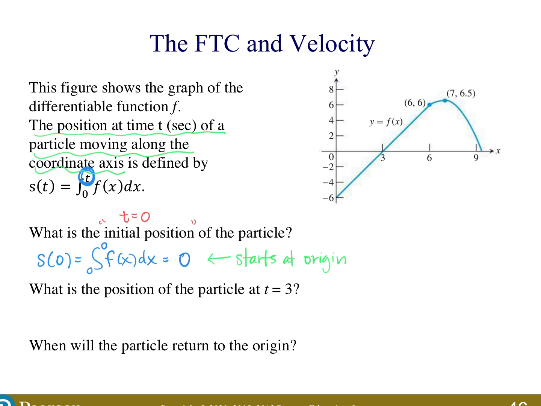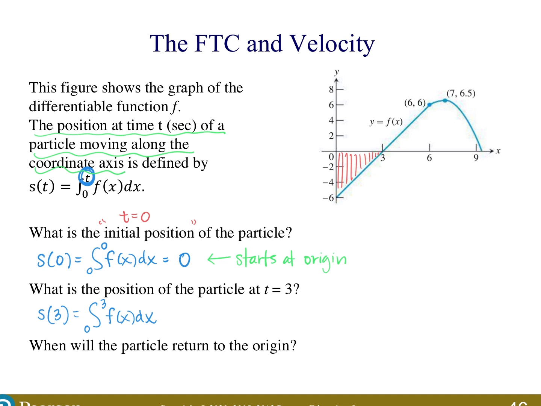So what's the position of the particle at 3? So we want to do S of 3, which means starting at 0, we want to end at 3, which means I am evaluating the area under the graph from 0 to 3. And as I look at that area, I realize that it is a triangle underneath the x-axis.